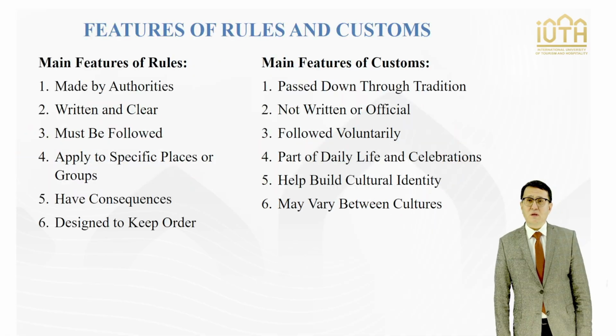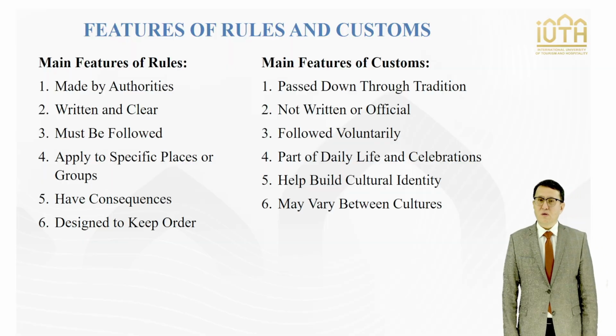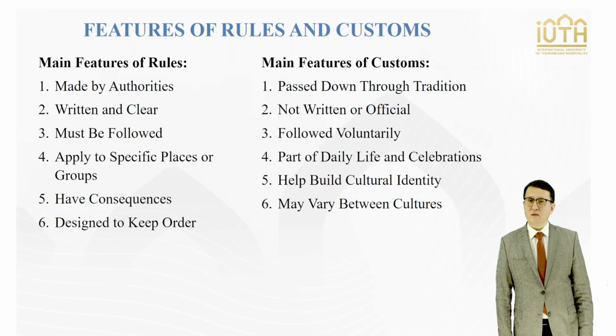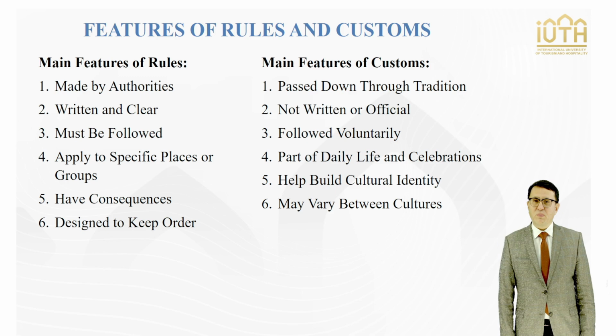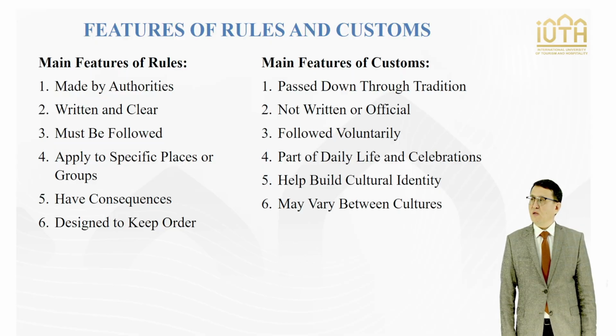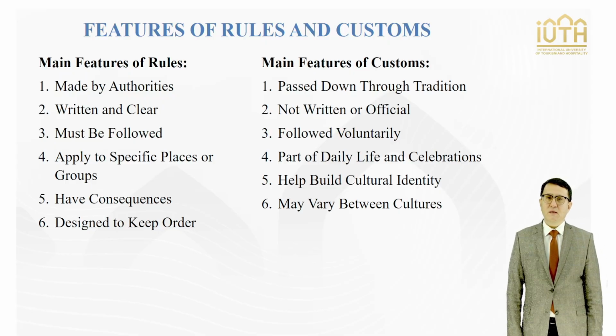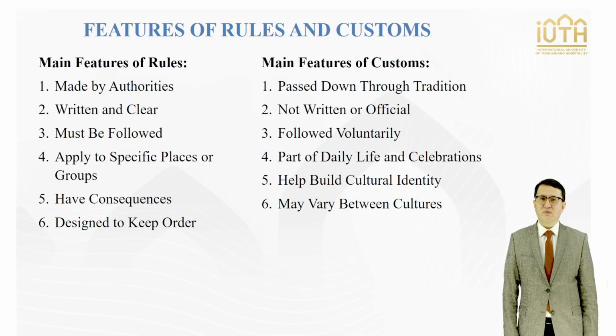Now, dear students, let's compare the main features of rules and customs on your screen. You can see a clear and concise comparison of the main features of rules and customs. The main features of rules are as follows. Made by authorities: rules are created by someone in charge, such as a teacher, parent, organization, or government.